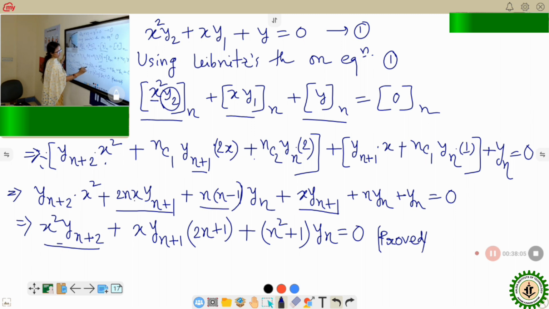We will get n into n minus 1 into yn plus x y(n+1) plus n yn plus yn. If we simplify, we will get our required representation: x square y(n+2) plus x into (2n plus 1) y(n+1) plus (n square plus 1) yn equals 0. That is the end of our problem.